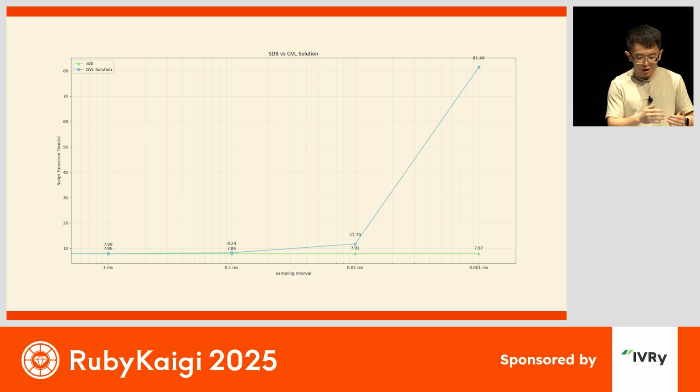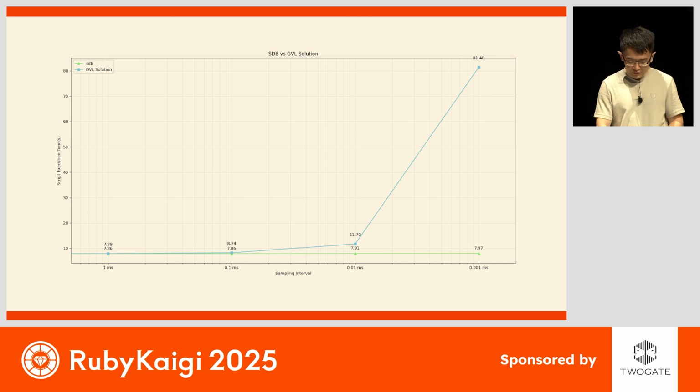That demonstrates how the GVL impacts performance for a stack profiler. On the other side, for the SDB, even when we decrease the sampling interval, it doesn't change the execution time. That means it doesn't impact our applications. That's the first evaluation.